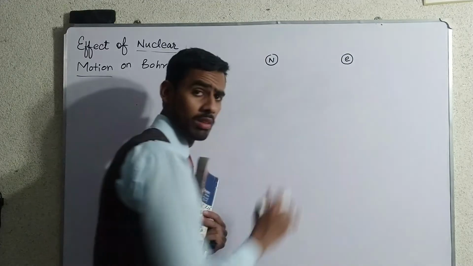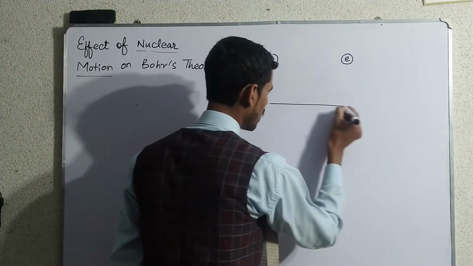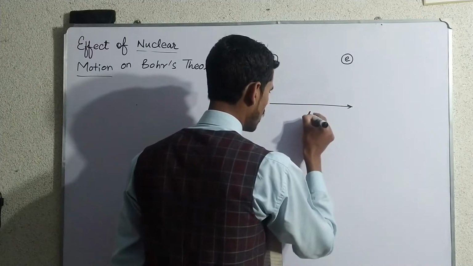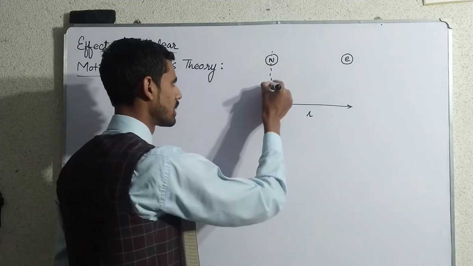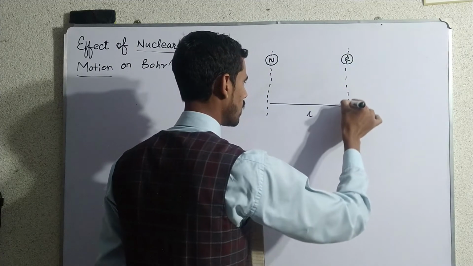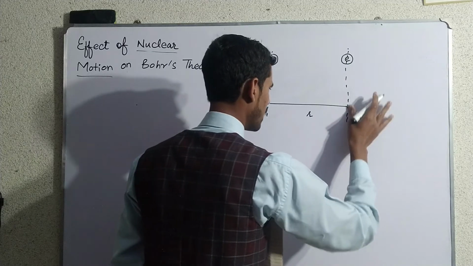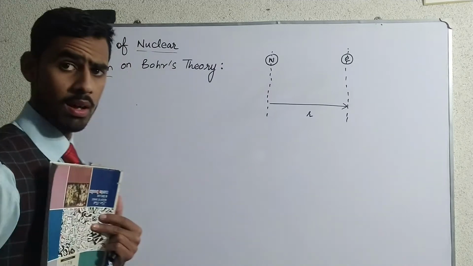This is the displacement R from the center of the nucleus to the center of the electron.